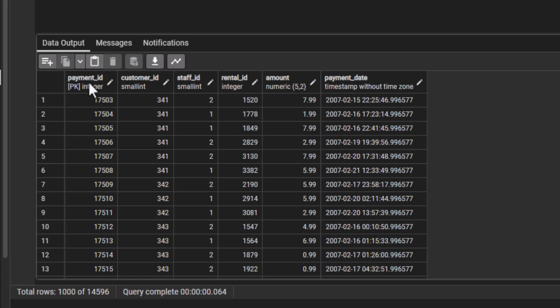Okay, now what about if you have been asked to find the number of payments made by each customer? Think of that word when you say made by each customer. What do you think they are trying to talk about right there? That means they are trying to tell you to group by customer.